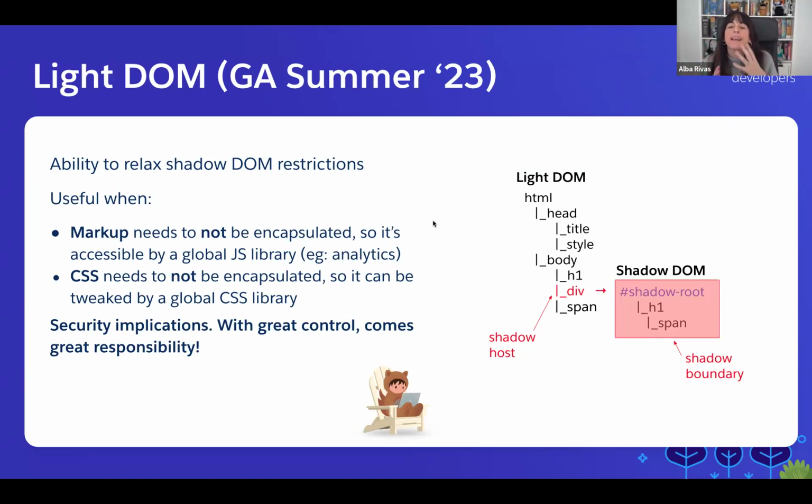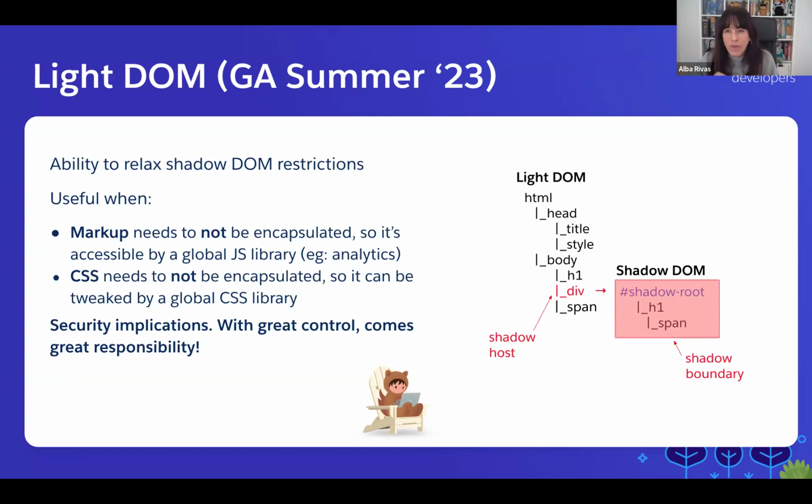It's a new mechanism that we have introduced in Lightning Web Components that allows you to relax the Shadow DOM restrictions. Shadow DOM is like a box in which you enclose your components so that they are encapsulated, so that external JavaScript or external CSS cannot enter the component, right?